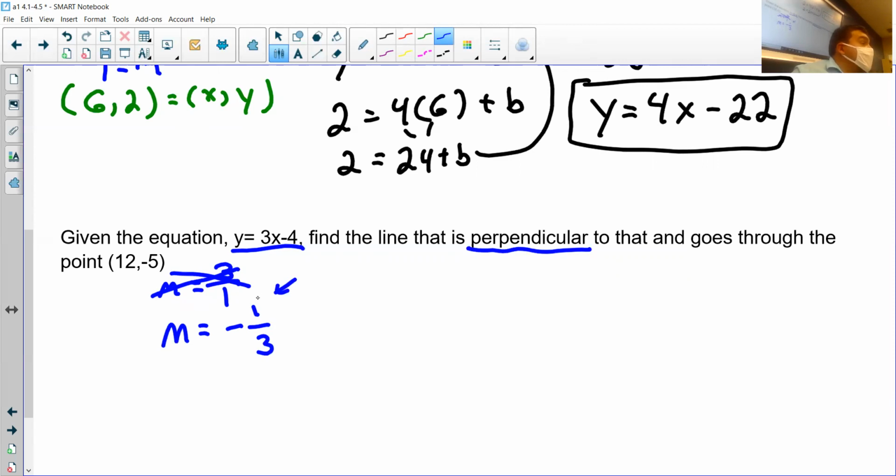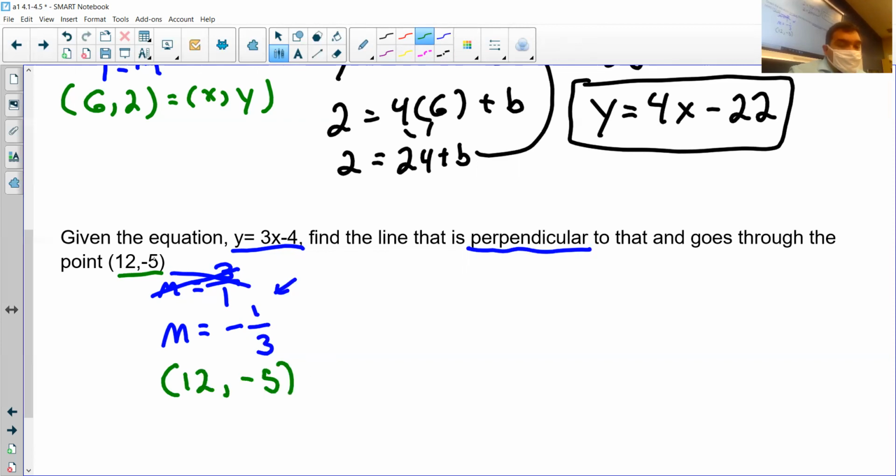Now parallel, here's the key thing. Parallel stays the same, so you don't have to think about it. You just take it. But this perpendicular, you got to flip it and switch it. But now we started. Let's finish. We have our point there. No, you don't have to flip that.